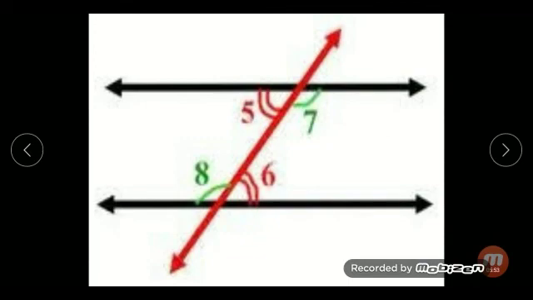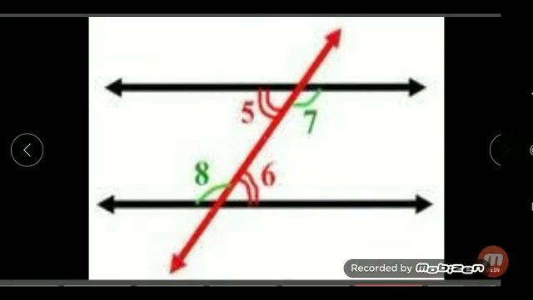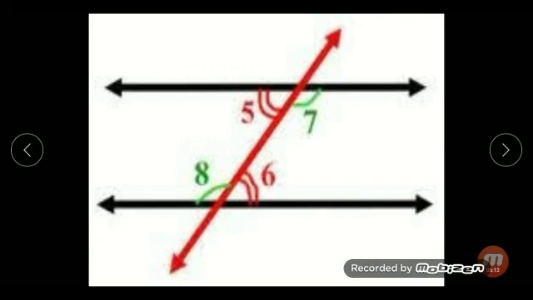If you observe this diagram, angle 5 and 6 are alternate angles. These two angles are formed on the opposite sides of the transversal, and also their arms on the transversal are in the opposite direction. If you see angle 5, the direction is downward, and if you see angle 6, the direction is upper side.